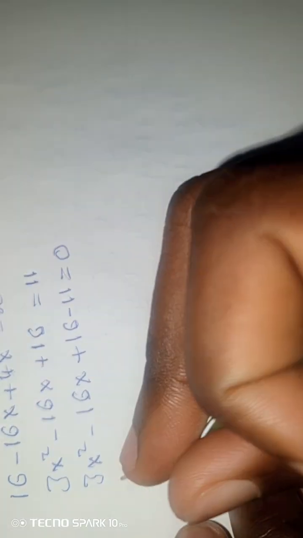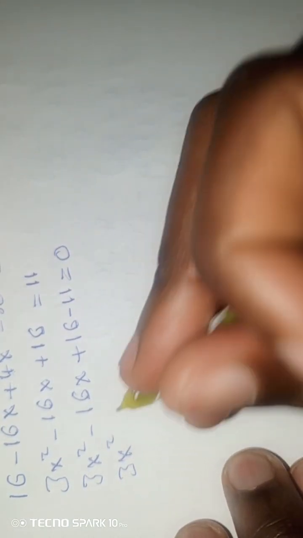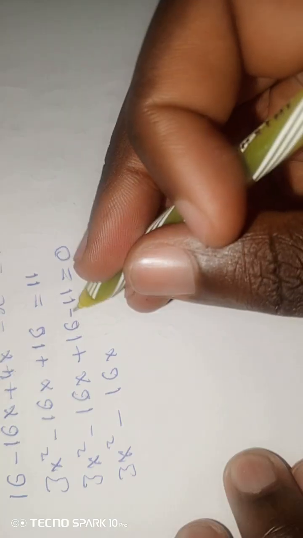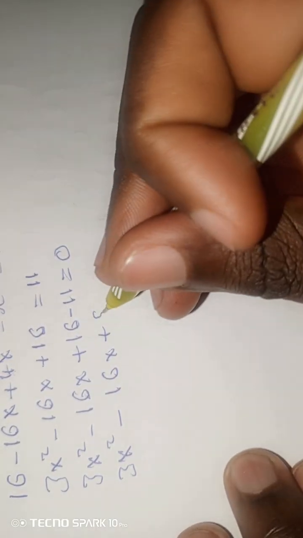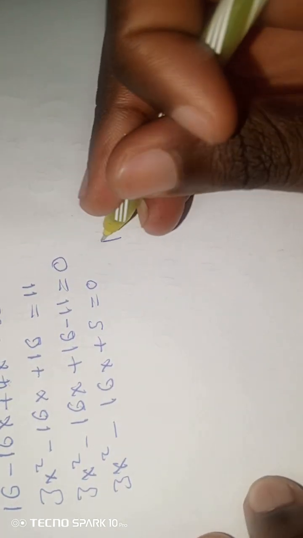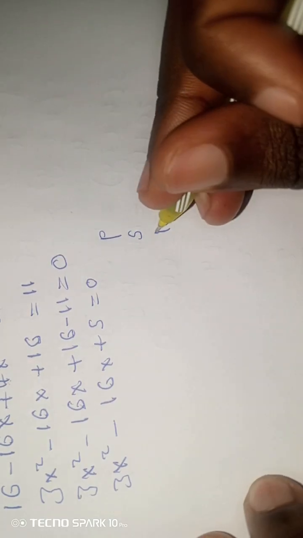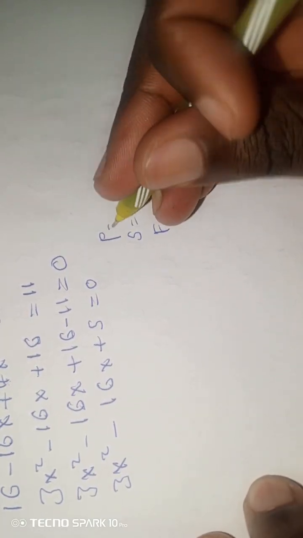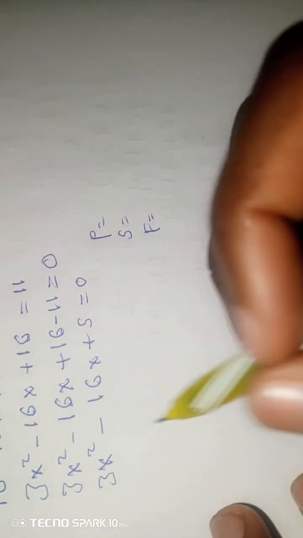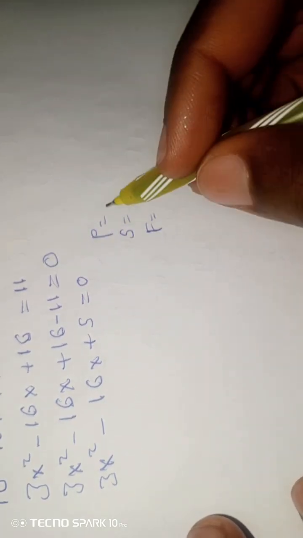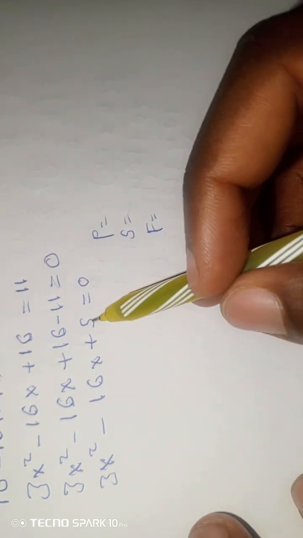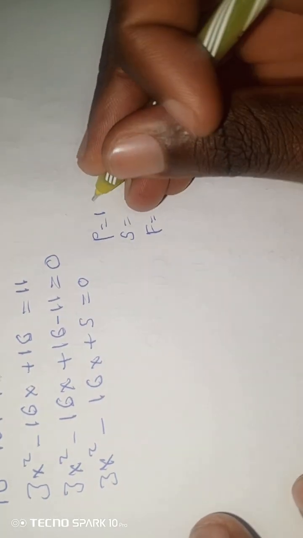So from here I'll say 3x squared minus 16x, 16 minus 11, it will be positive 5 equals to 0. From here I'll look for the product and sum factors, since my equation is in quadratic form. For the product you multiply 3 by 5, which will give me 15.